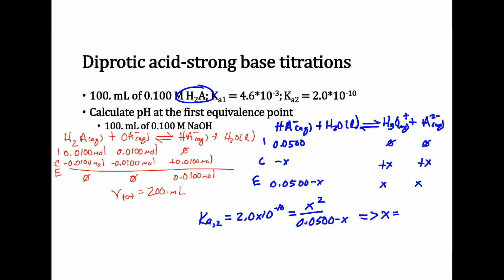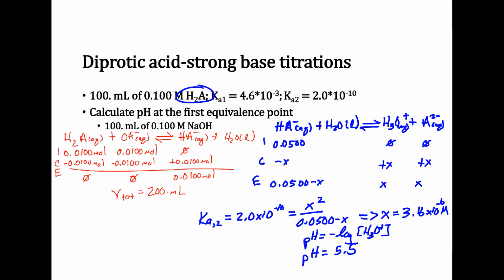Solving for x, we get 3.16 times 10 to the negative 6th molar. Again, we know that pH is equal to negative log of H3O plus. So we'll substitute in and we'll find that the pH at the first equivalence point is 5.5.